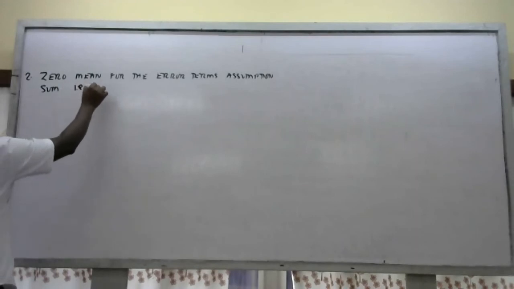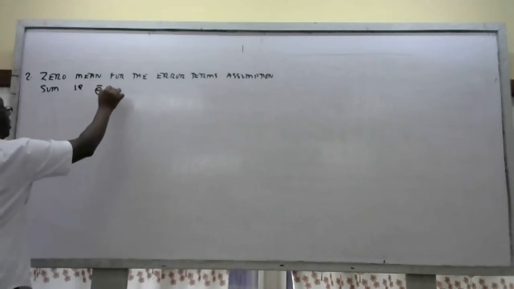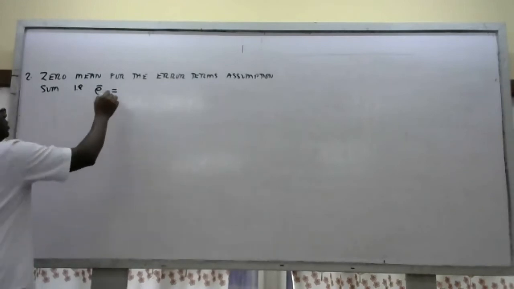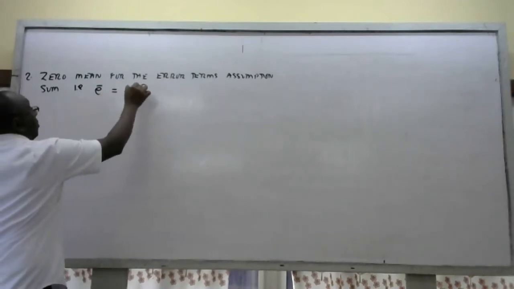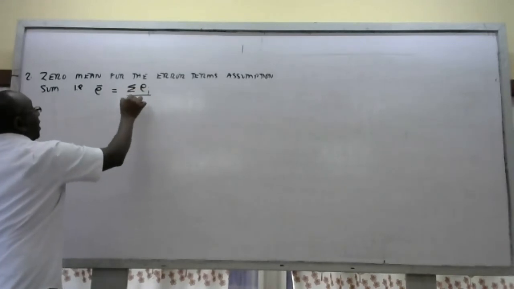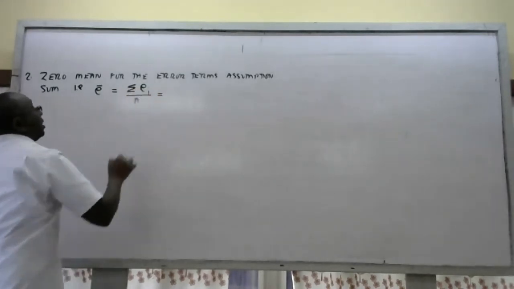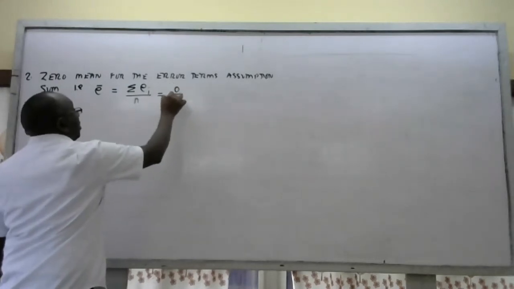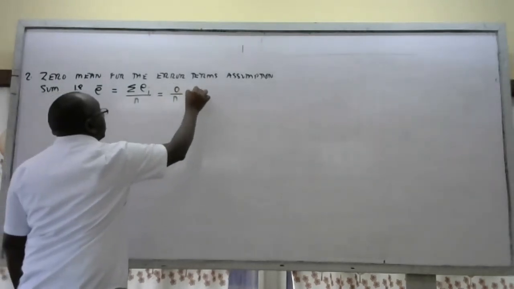That is, e bar equals the sum of the error values divided by n, which should be 0. You divide by n and you get 0.